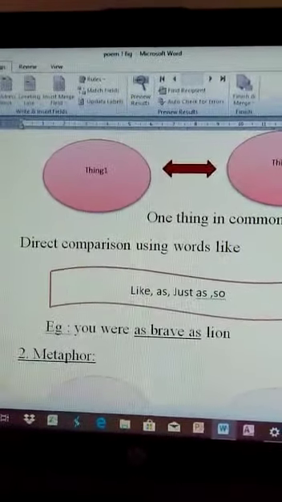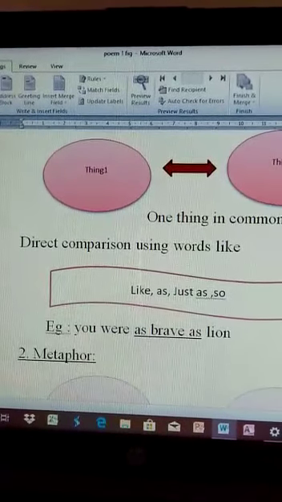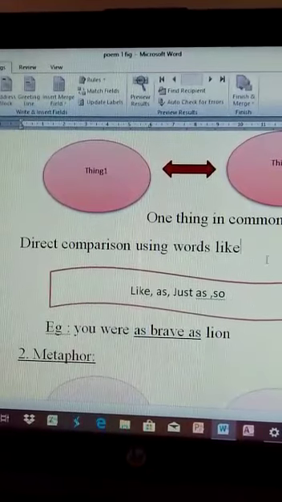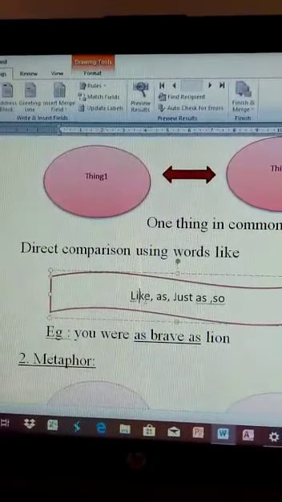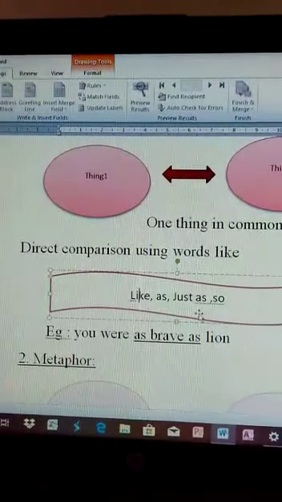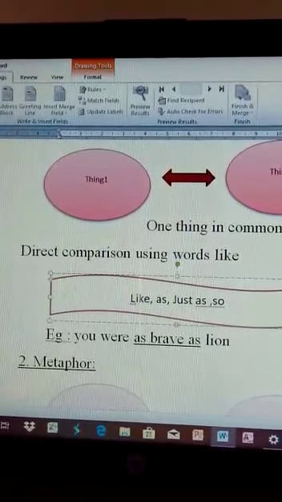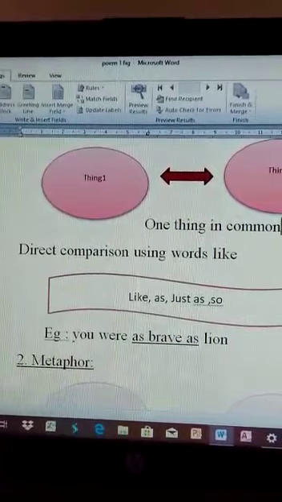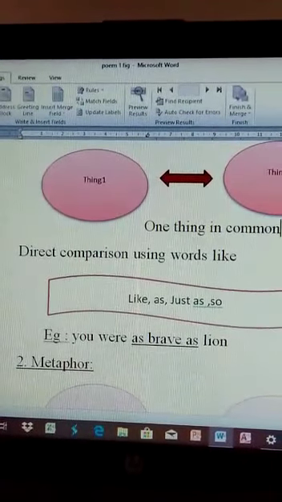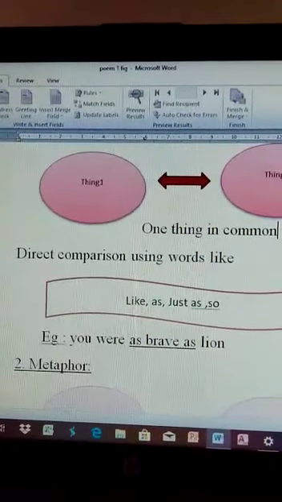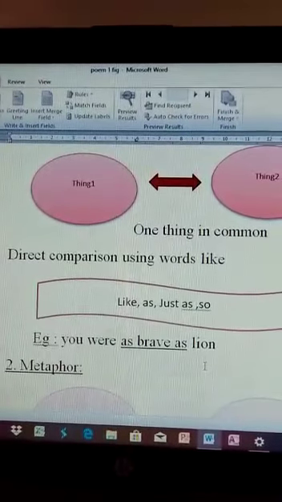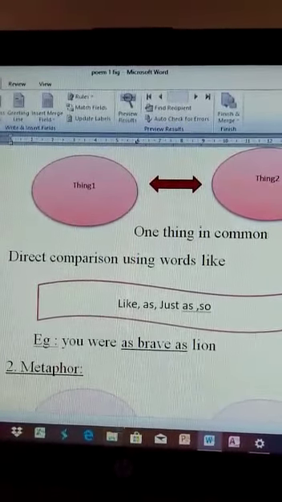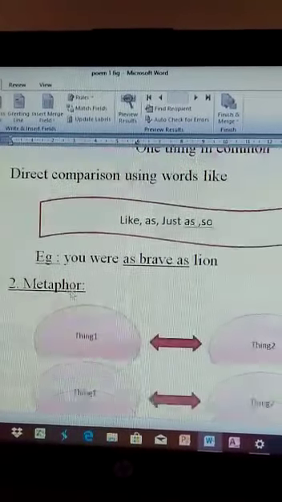Direct comparison using words like these. So you can say you are as brave as a lion. A person is brave like a lion. The direct comparison is called simile. But in this first poem, there is no simile.